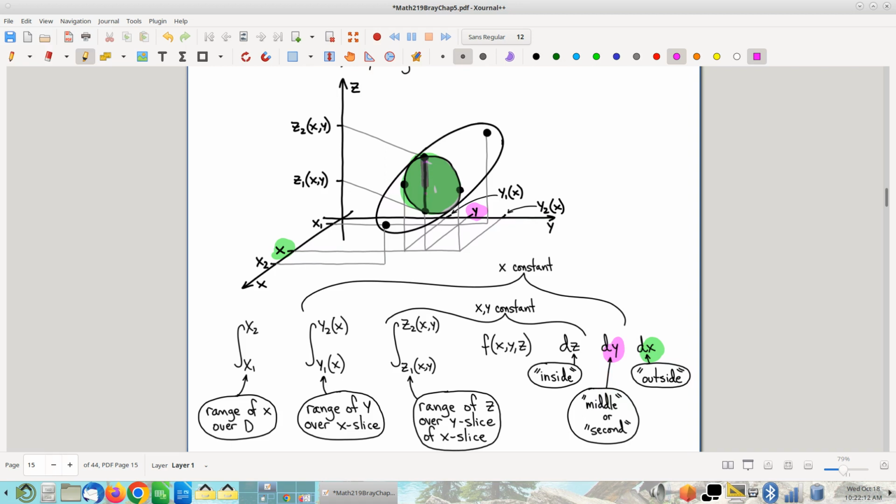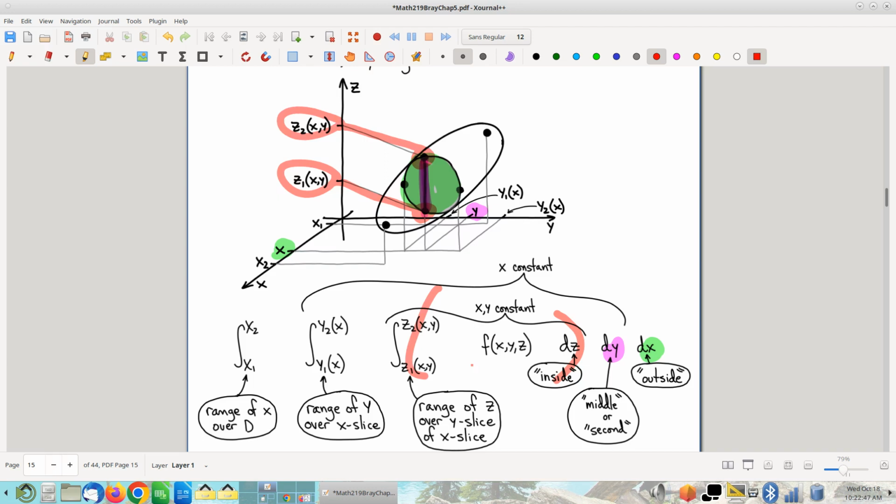We are now looking, therefore, only at this y slice of our x slice. And this being a three-dimensional integral, now we have a third slicing to do, and, of course, the remaining variable z. So we're going to look at the bottom point there to get our lowest z-bound, and then we're going to look at the top point to get our upper z-bound, and now we're in business.